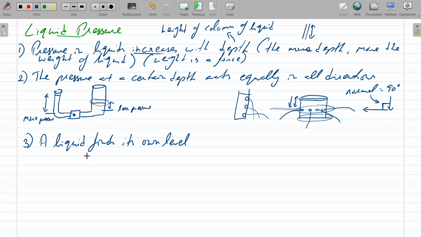And so what would happen is, this part of the tube is stopping water from flowing. If you allow the water to flow, what you will notice is it will balance out.